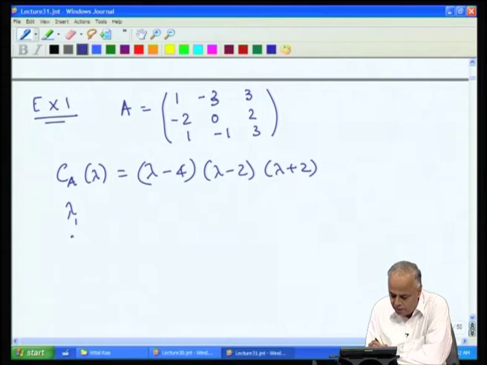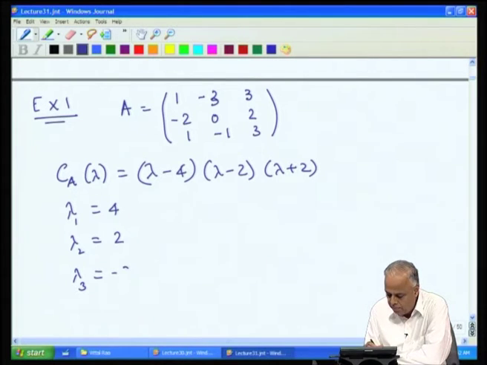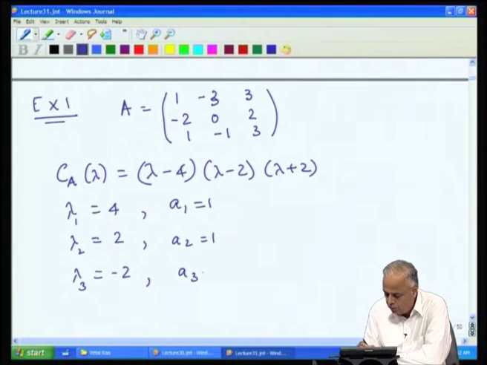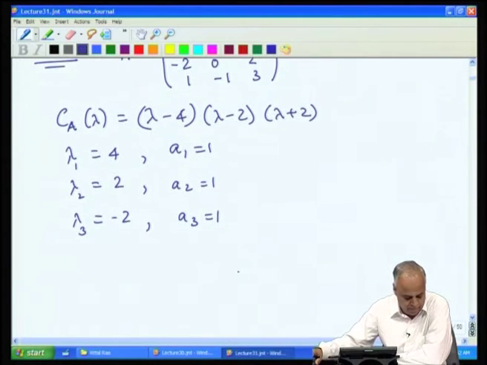Consequently, the eigenvalues were lambda 1 equal to 4, lambda 2 equal to 2, and lambda 3 equal to minus 2, and each root occurs only once, and therefore, the algebraic multiplicities are A 1 equal to 1, A 2 equal to 1, A 3 equal to 1.